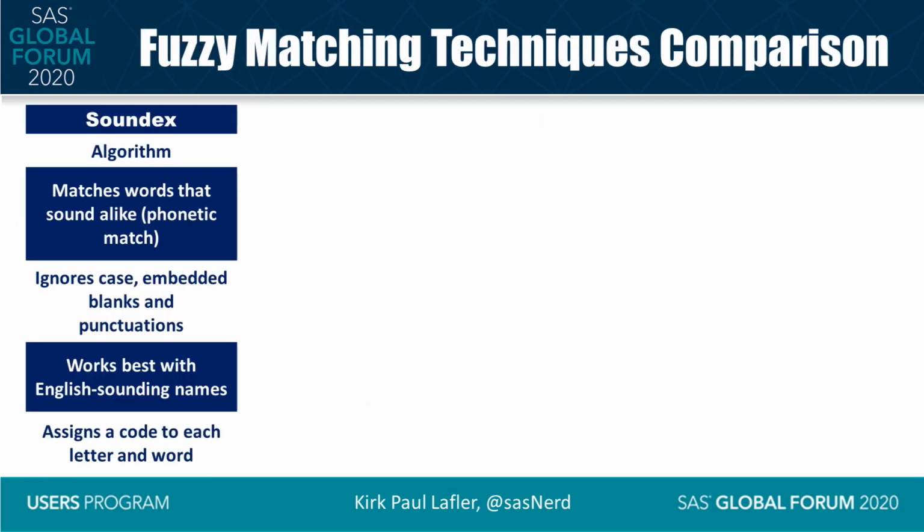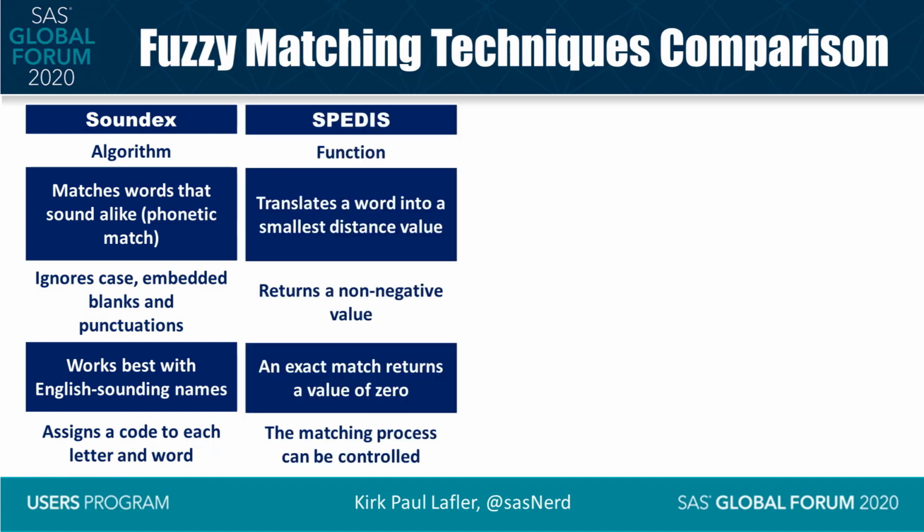And once again, the Soundex matches words that sound alike. It ignores case, embedded blanks, and punctuation. It works best, though, with English-sounding names only. It essentially assigns a code to each letter or word. The Spedis function translates a word into a smallest distance value, returns non-negative values, and an exact match returns a value of 0, but the beauty is the matching process can be controlled.